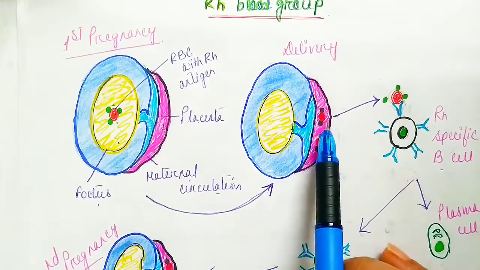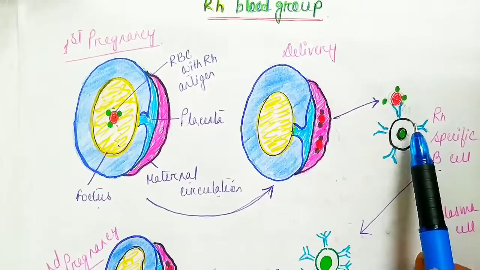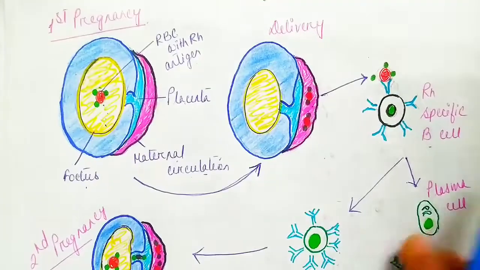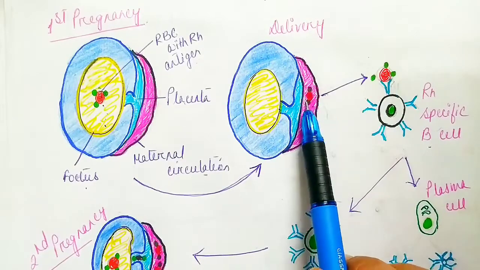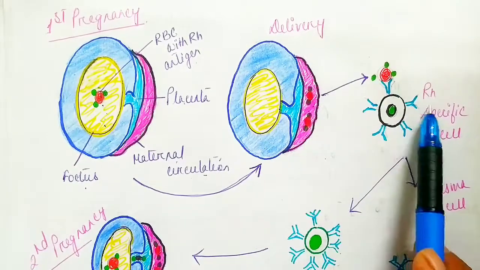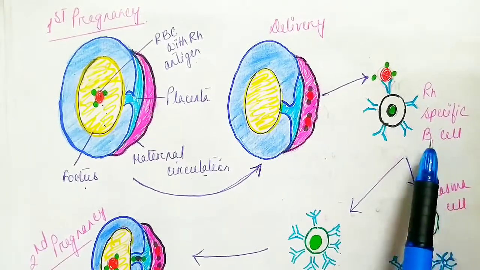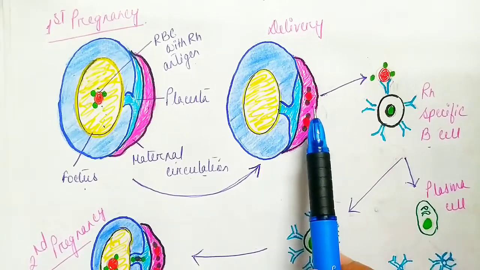As a result, the mother's body starts producing antibody against this Rh antigen. The presence of the Rh antigen activates the Rh specific B cells present in the mother's blood.